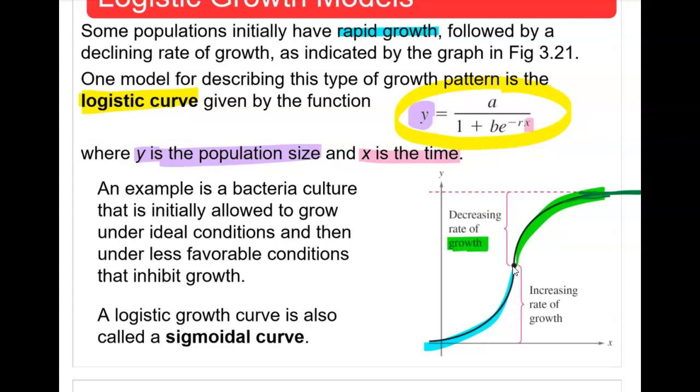So for example, when you leave your food outside the fridge, you will have bacteria growing, and perhaps when you put it back in the fridge, it will not grow as fast because it's cold in the fridge, but you already have bacteria growing. So it will slow down, but you will still have bacteria growth. So the logistic growth curve is also called the, I cannot pronounce this, sigmoidal curve.